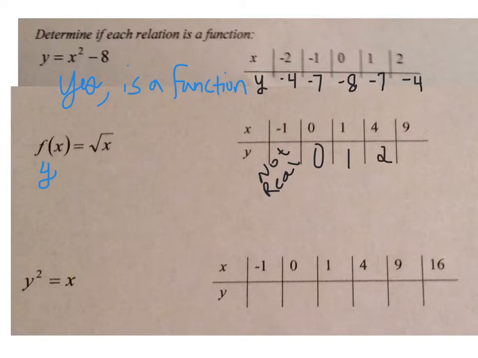And since this radical symbol means the principal square root, the 2 is the only number I can get there. So that looks good. And the square root of 9 is 3. Again, I'm not seeing an x value that leads to more than one y value. So I'm going to say, yes, this is a function.